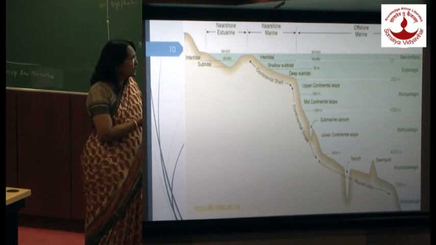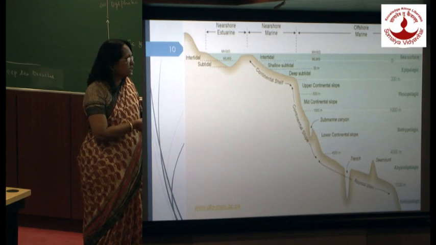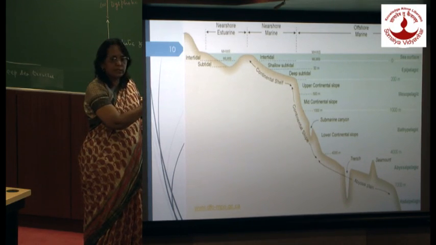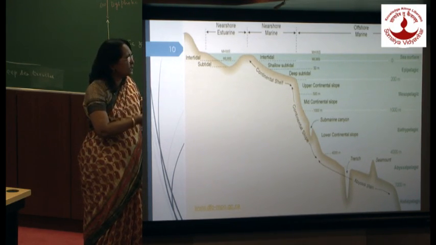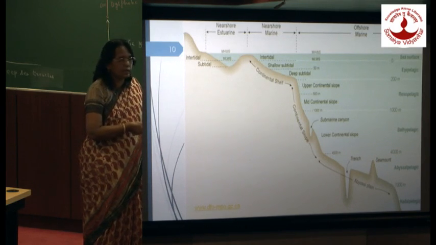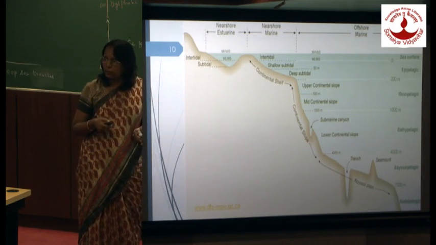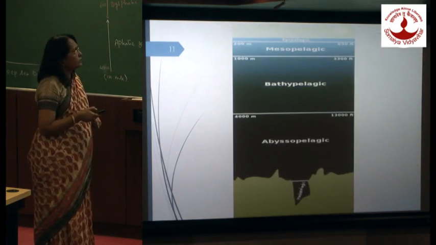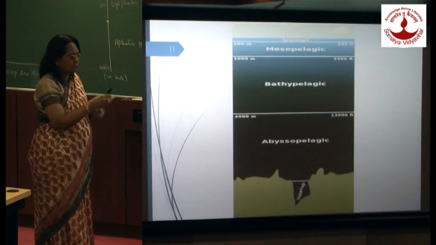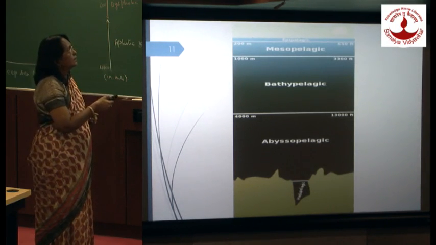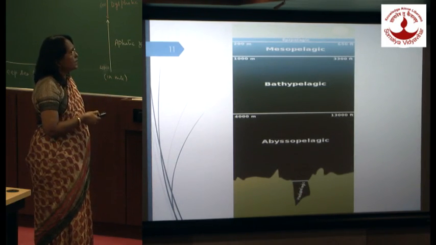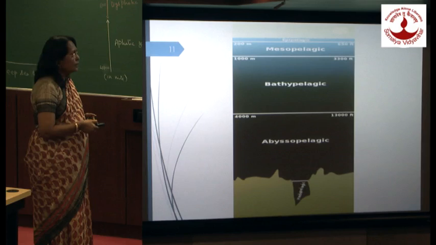Same way at the bottom, it has got trenches and seamounts. Alright, now same thing we have shown here. Sea surface, epipelagic, mesopelagic, bathypelagic, abyssopelagic and hadopelagic. I hope you all have understood so far. This is only by depth. Epipelagic, mesopelagic, then bathypelagic, abyssopelagic and hadopelagic.